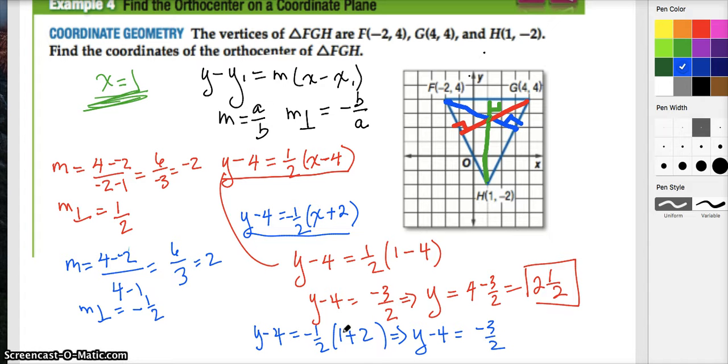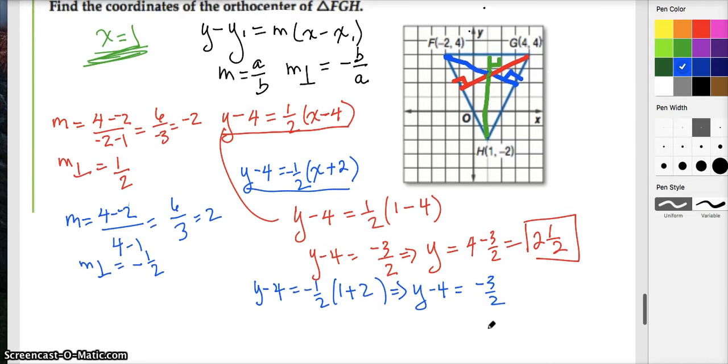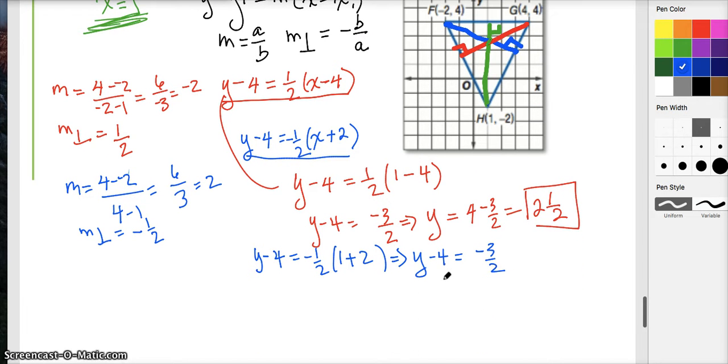See, 2 plus 1 is 3, times 1/2 is -3/2. When I move this over to the other side, you're seeing it. We're getting exactly the same thing, y is therefore equal to 4 minus 3/2, because it still is negative, which is equal to 2.5, as we talked about before.